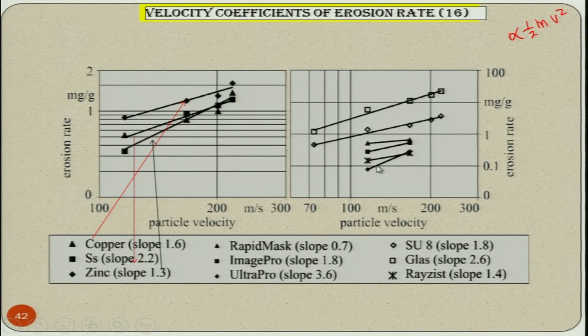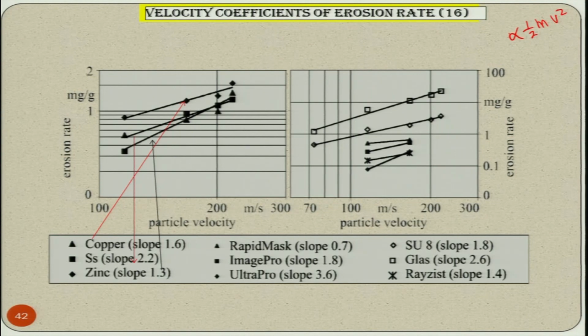These slopes will depend upon the properties of the workpiece material and the properties of the abrasive particles. So, for abrasive particles, the higher the velocity, the higher the erosion rate.